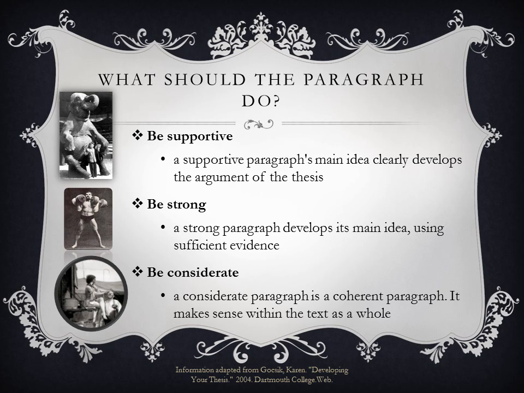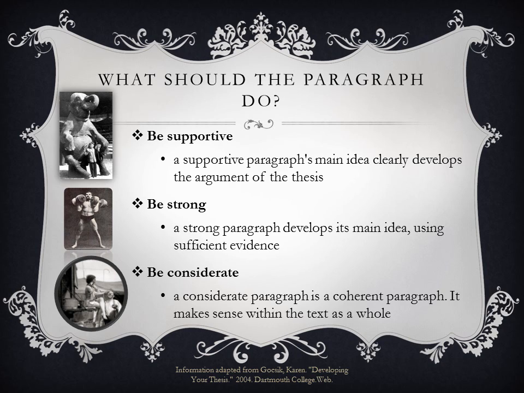So again, it needs to be supportive because it needs to connect clearly back to the thesis statement, your central argument. It needs to be strong because it has to have enough evidence within the paragraph to prove that main point, which will prove your argument. And it needs to be considerate. It needs to connect to your other points clearly.